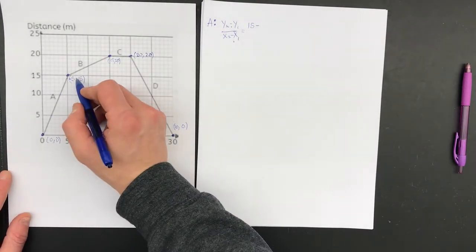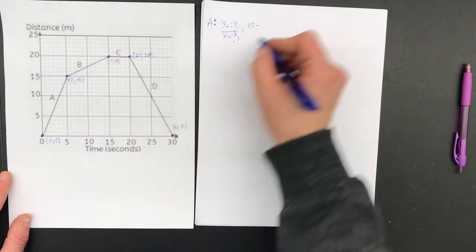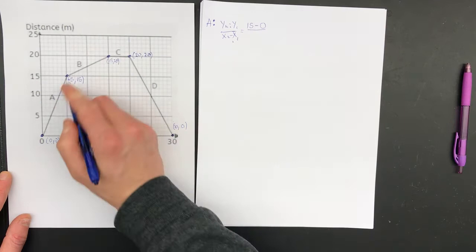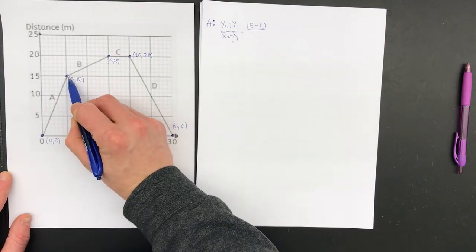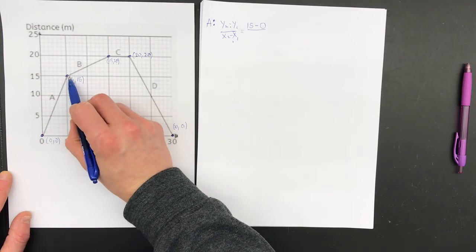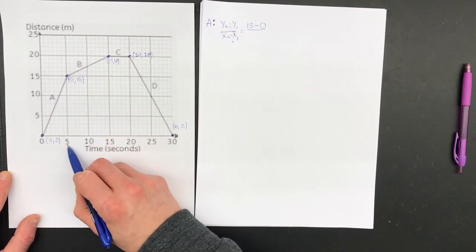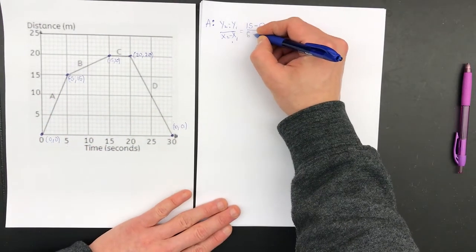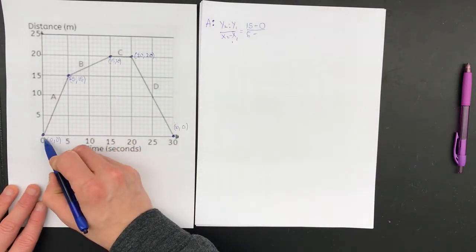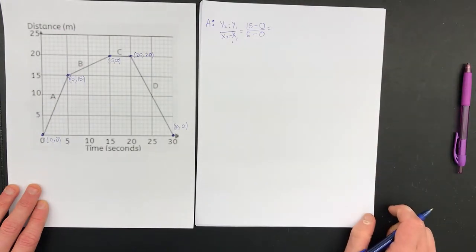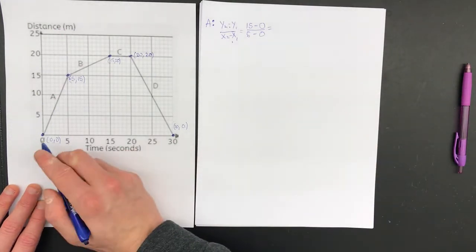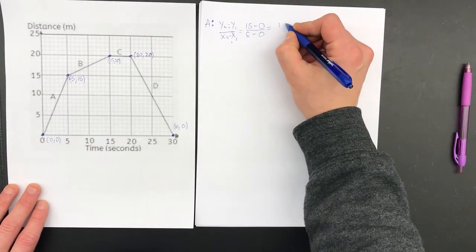Minus y1, that is 0. x2 comes from the second dot, not this one, this one. So x2 is from the x-axis, so that's 5. And x1 is where it started, from the x, that's 0. So here, 15 minus 0 over 5 minus 0, it's easy when things start at 0, 0.